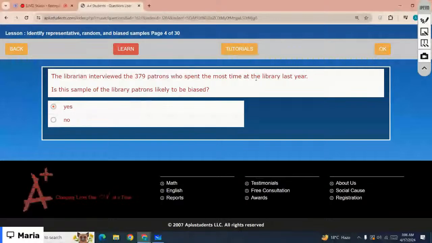Basically, you have to identify if they are random samples, representative or biased samples, right? Random sample means you randomly select, like you have a pack of cards. You draw the cards and you pick four cards. You don't know what they are. These cards don't have any special things. They are just randomly selected. The other sample is biased, because they spent most of the time in the library.